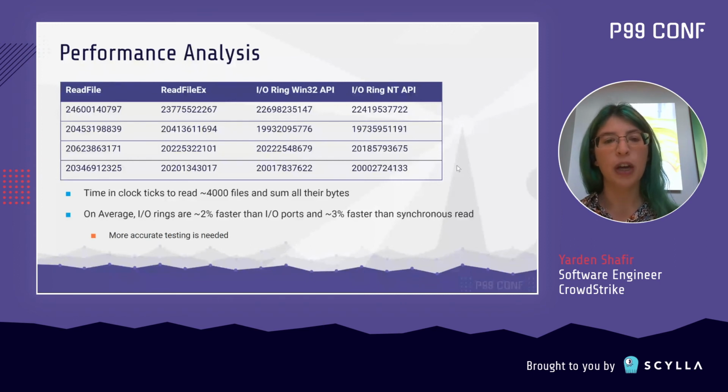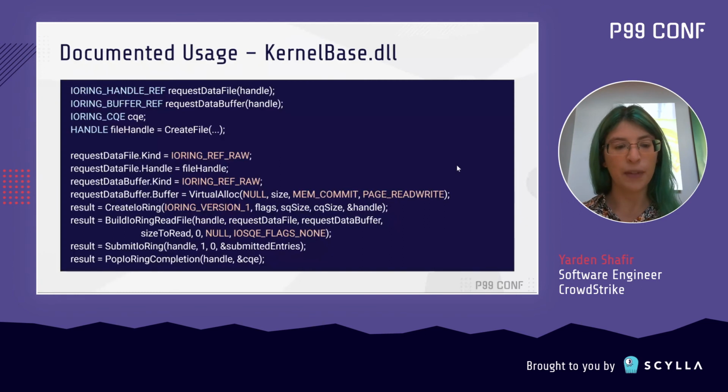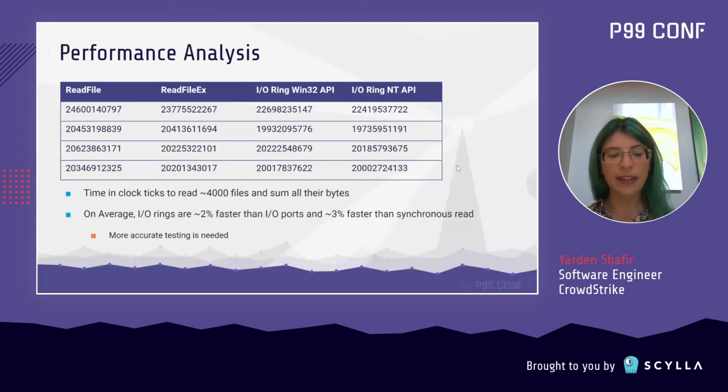First with the official Win32 API, similar to what you see here, and then with the internal undocumented NT API, the direct system calls. The numbers here are clock ticks, which are not the nicest way to view time, but it's the most accurate.